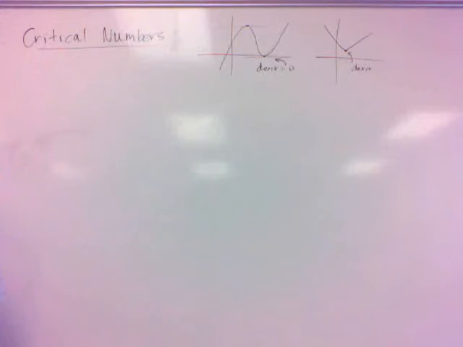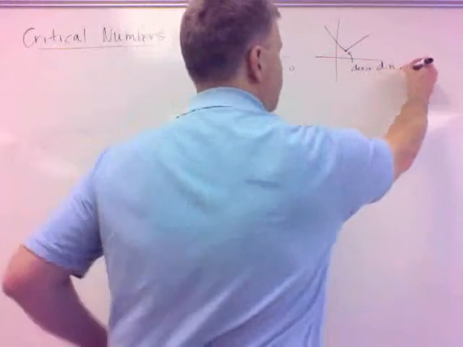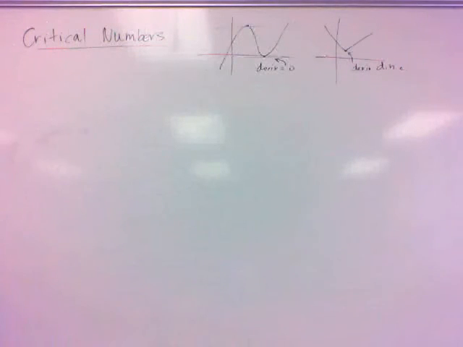What's the derivative there? Well, the derivative at corners doesn't exist. Same thing at discontinuities. So derivatives being 0, derivatives not existing, those are some big points. So for that reason, things happen at those points.